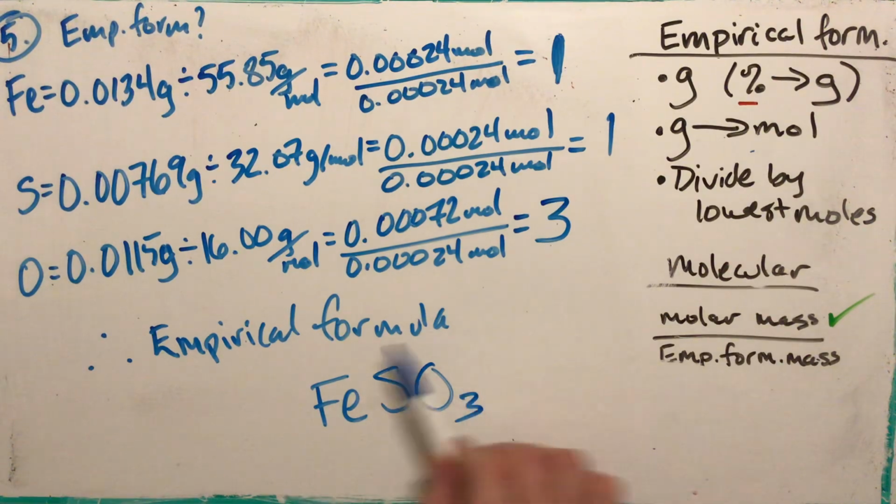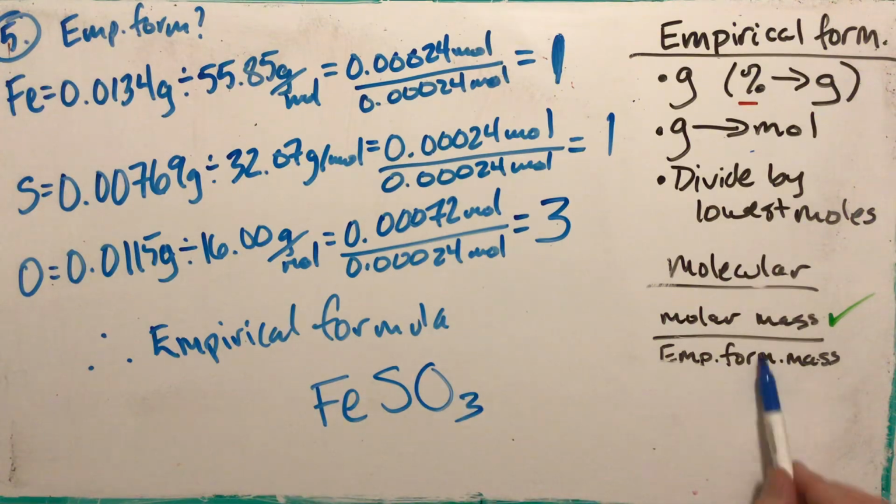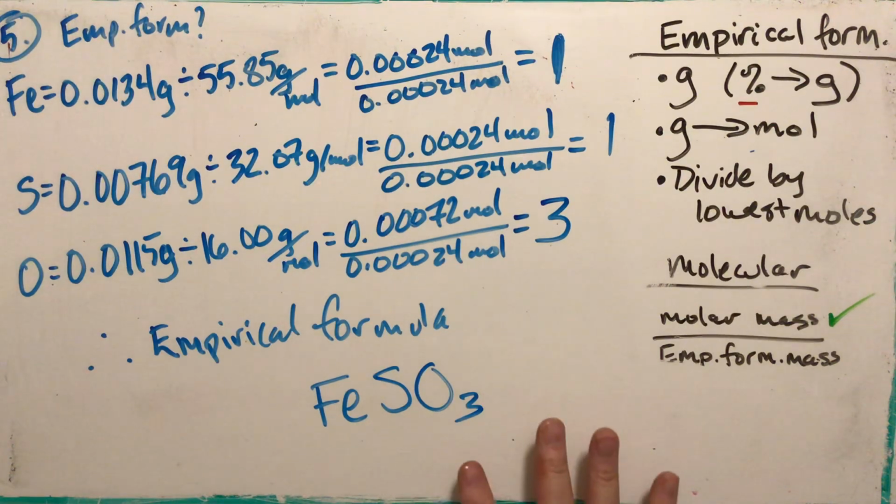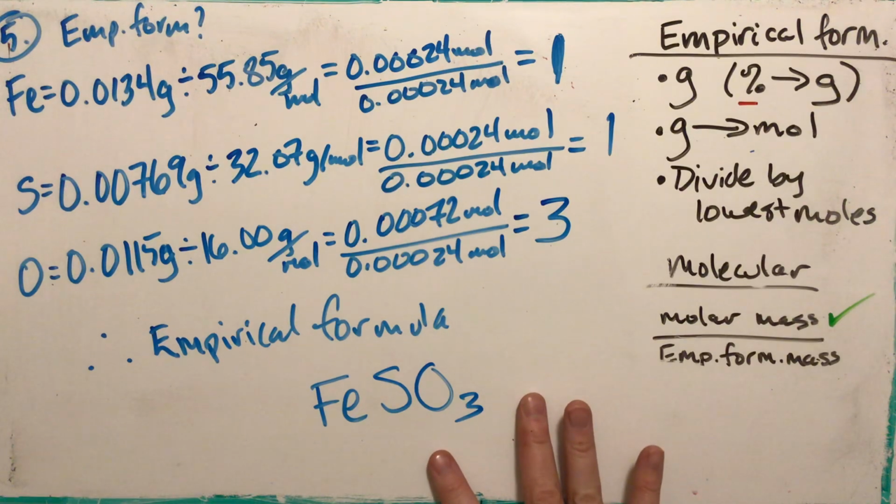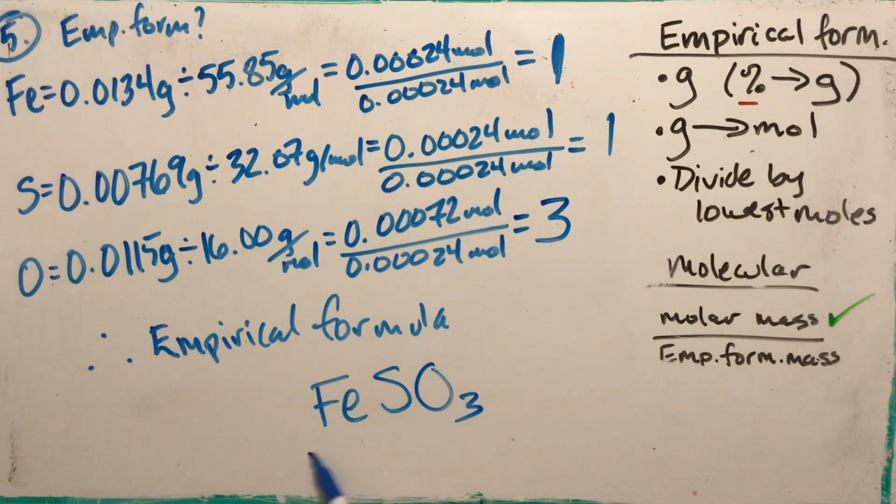Usually they don't change. Usually they stay the same. So if I did the molecular for this, it probably is iron 2 sulfite, just like this one is. Anyway, number 5, all it asked me for was the empirical formula. We found it right here. It's done. All right. Let's do number 6.